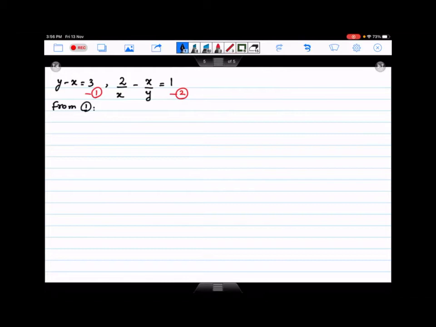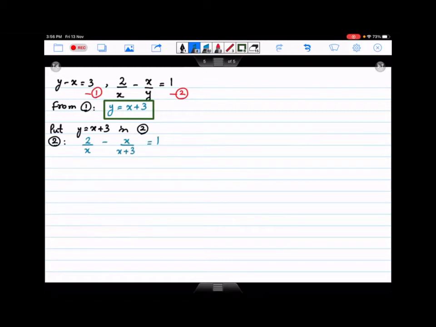So from equation 1, I am getting the value of y. It should become x plus 3. Now I should be putting y equals to x plus 3 in equation 2. So whatever equation 2 is, instead of y, I should put x plus 3.